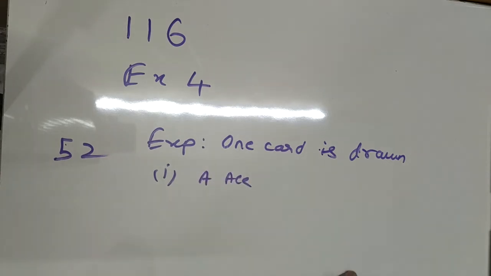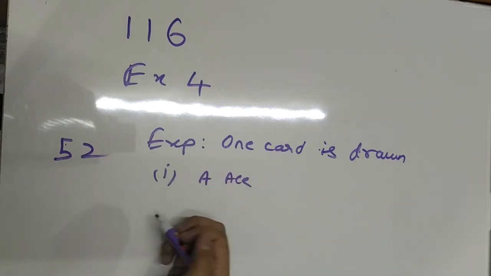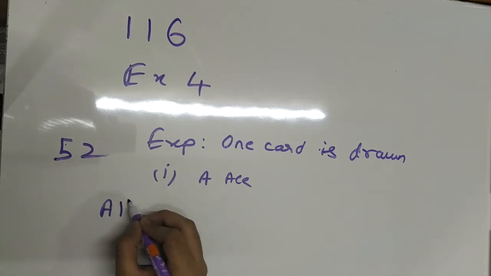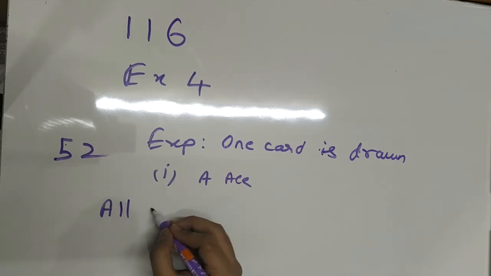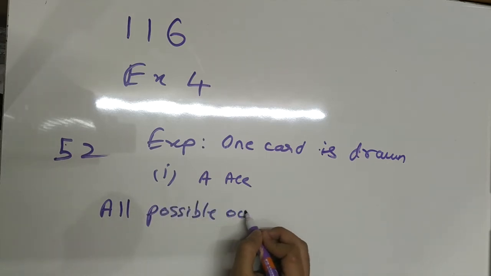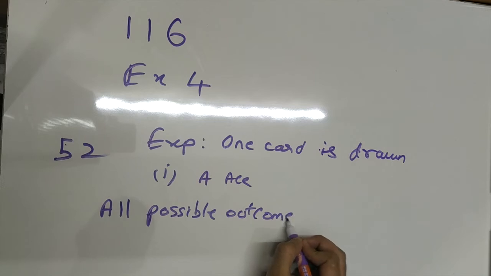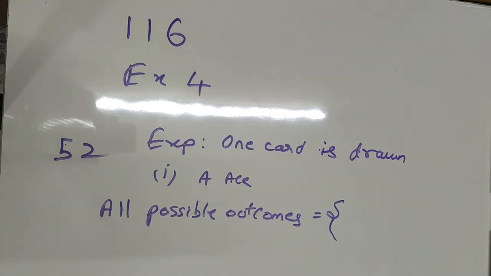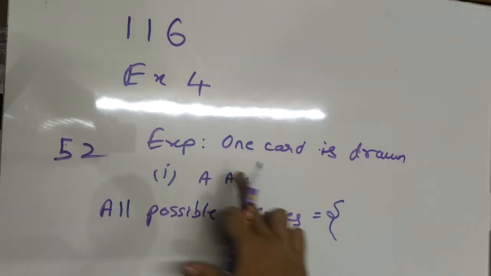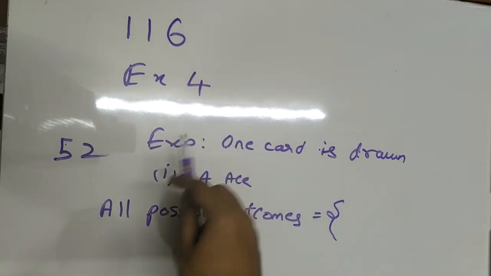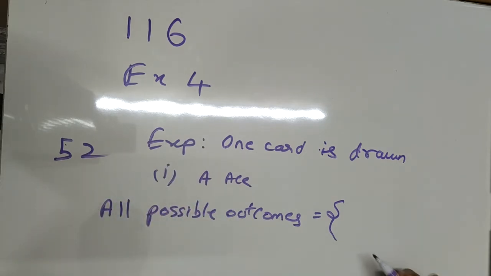Now we have to write all the favorable cases. So first of all, possible outcomes. We have to always write this for experiments. All possible outcomes is equal to, we start writing all the possible outcomes of this experiment. One card is drawn from a deck of 52 cards, so what are the possible outcomes?